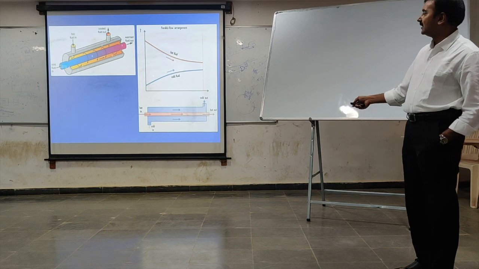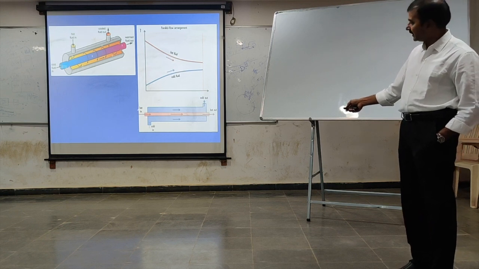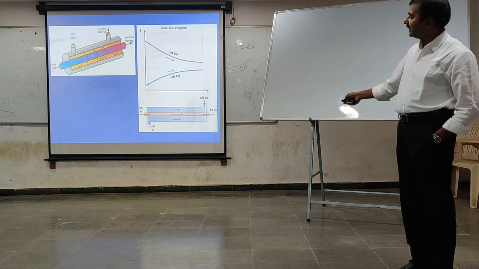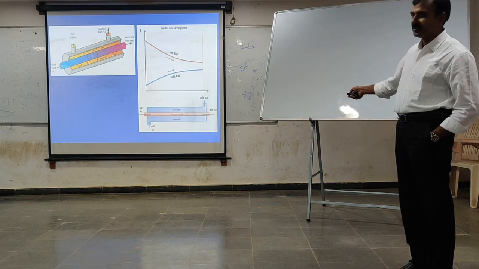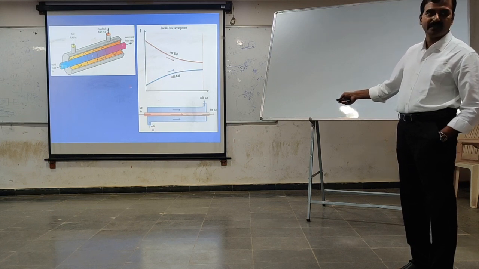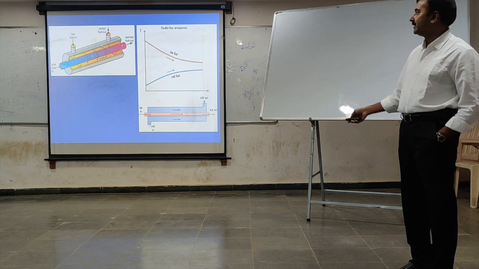The cold fluid is also moving in the same direction, and as it moves through the length, its temperature increases gradually. So this is the decreasing temperature of the hot fluid, and this is the increasing temperature of the cold fluid.